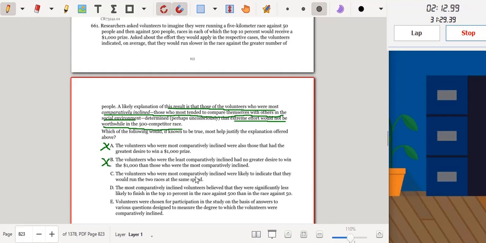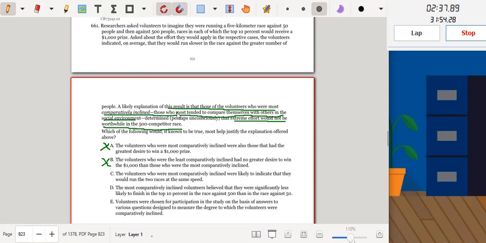The volunteers who were most comparatively inclined were likely to indicate that they would run the two races at the same speed. This is not what they have asked. Asked about the effort they would apply, the volunteers indicated that on average they would run slower in the race against a greater number of people.